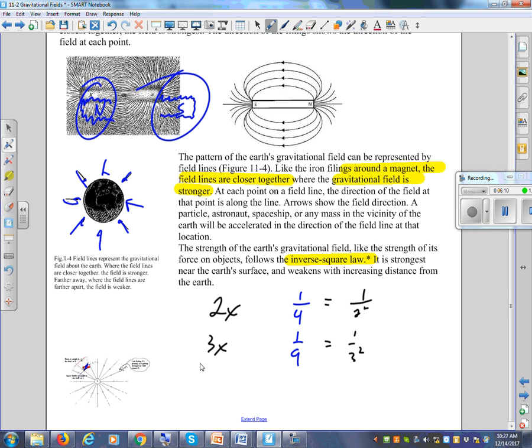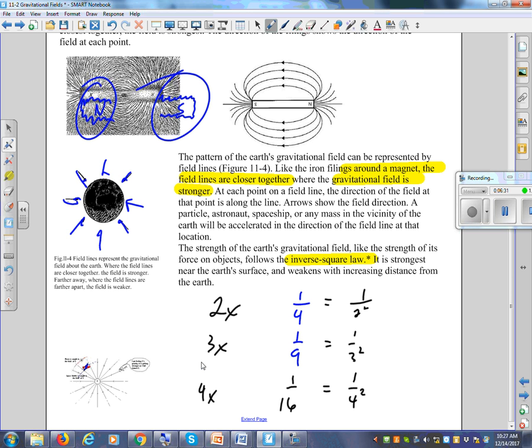So if you are 4 times as far away, 1 over 4 squared. 1 what? 16th, and so on. That's what the inverse square law means. Inverse means you flip it upside down, and square simply means that you square it.